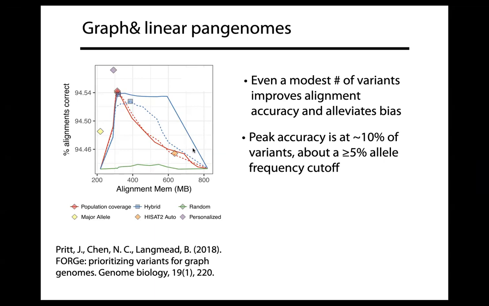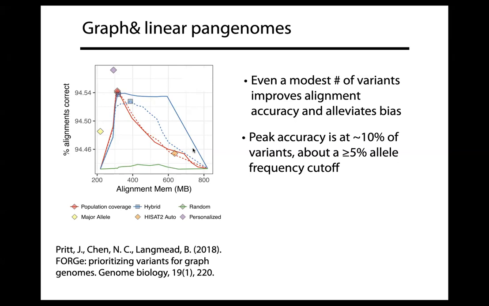And then we asked, how well does that graph representation do at helping us to figure out the right point of origin for simulated sequencing reads? And you can imagine that's the height of the line that you're seeing on the plot. Concentrate only on the red line for now. The blue, I won't explain what the blue line is, but anyway, the red line is what I'm talking about here. And what we noticed is that we didn't have to add very many variants before we got pretty good accuracy of alignment.